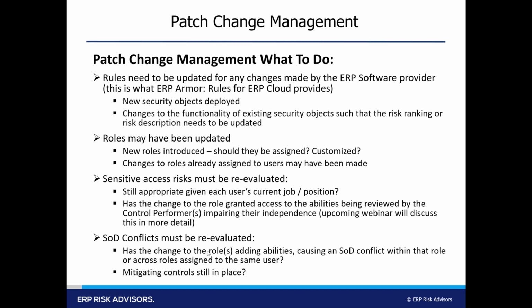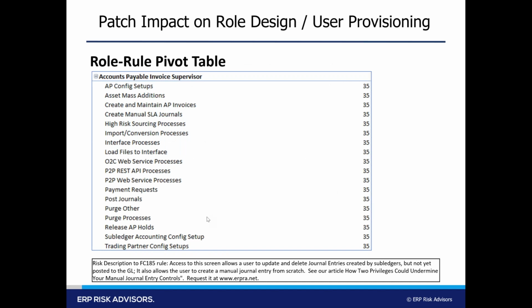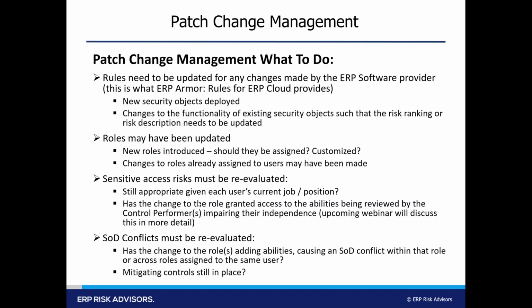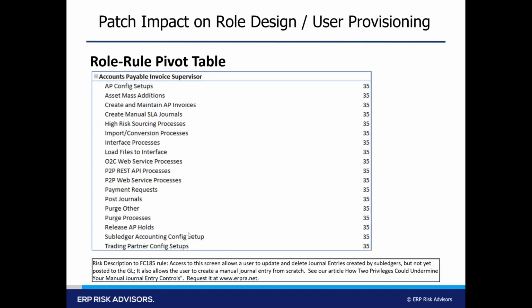And then we have SOD conflicts that must be reevaluated. Has a change to the role, adding abilities, adding privileges, duty roles, or DSPs, caused an SOD conflict within that role or across roles? And then if you have mitigating controls that quote unquote are mitigating those risks, are they still in place? So what this comes down to is the same thing we talked about in the last webinar. From a sensitive access risk perspective, we're going to look at all the activities within a role and say, are those activities still appropriate, or are there new activities that are not appropriate?